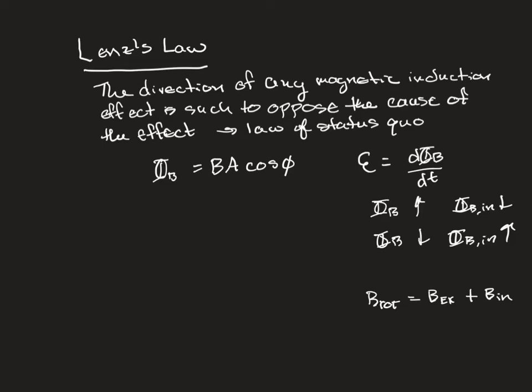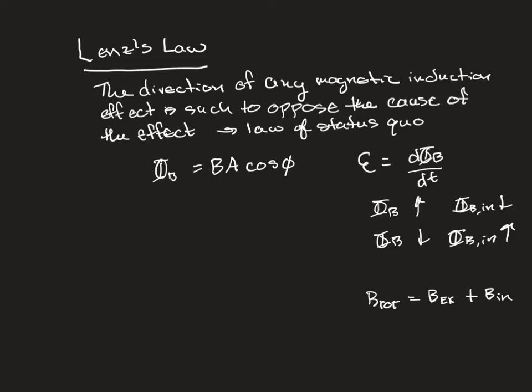And because we now have a current, and remember moving charge causes a magnetic field, that induced current is going to cause an induced magnetic field. And the direction of that magnetic field is going to be such that it returns the flux back to status quo.